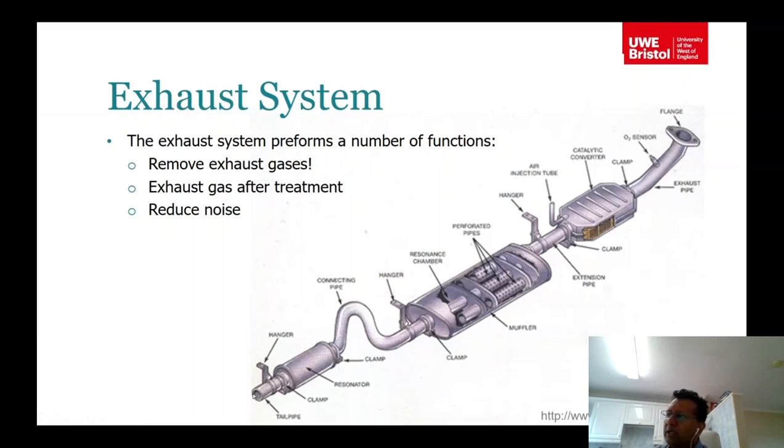And in new exhaust systems, you will also see urea solution injection onto the system, so that NOx will be reduced as well.